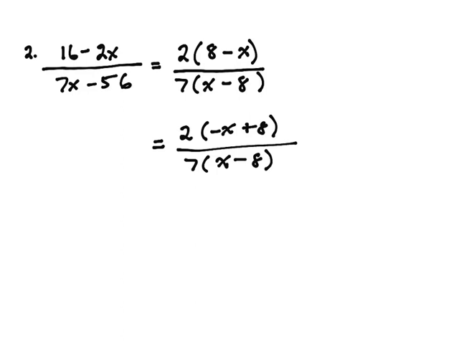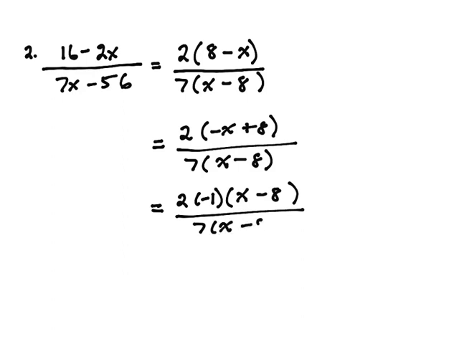So what I'm going to do is factor out that negative. It's basically factor out that negative, and then that turns into an x minus 8. Because remember, when you factor out the negative, the x now becomes positive, and then the positive 8 now becomes negative.